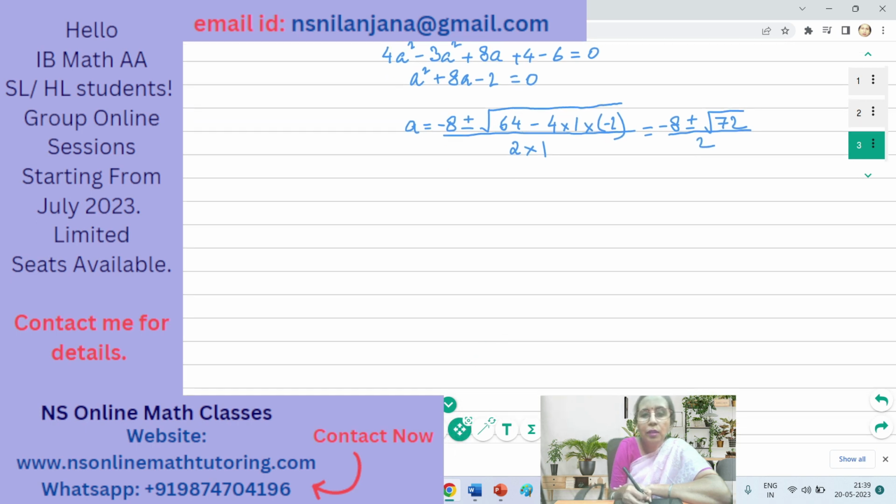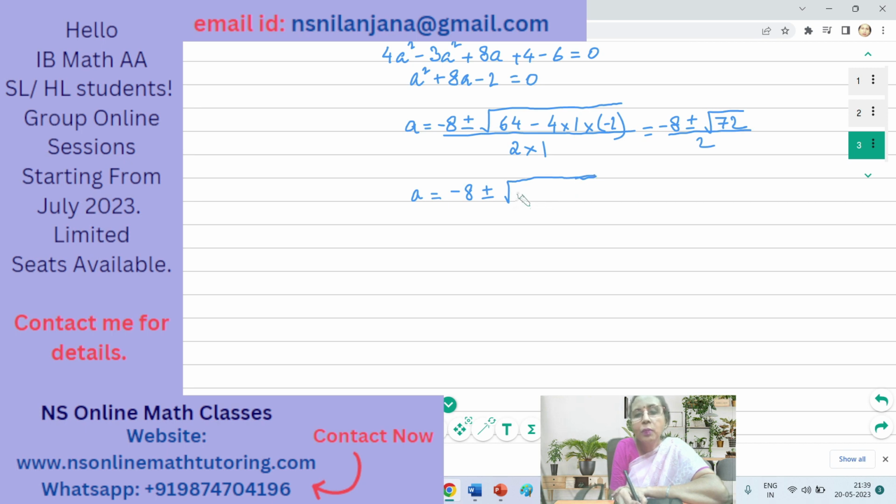Okay, so let us see if we can simplify that. Plus minus under root 72 is 36 times 2. And what is 36? I can write it as 6 times 6, or I prefer to write it as 4 times 9, because both of them are perfect squares and this is the square root.